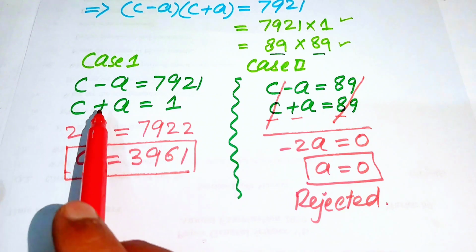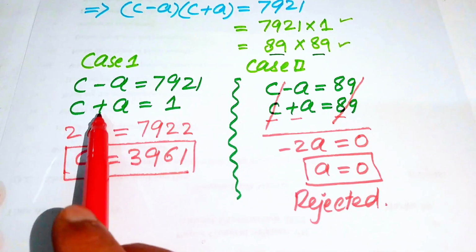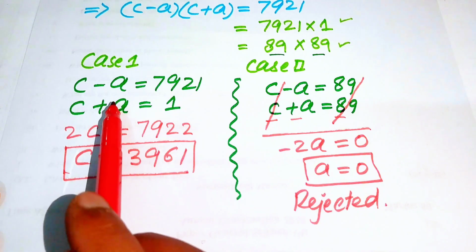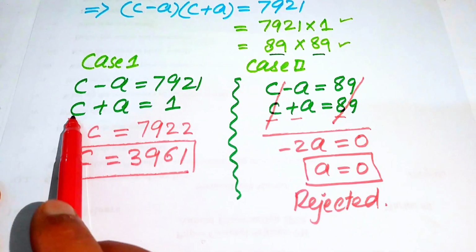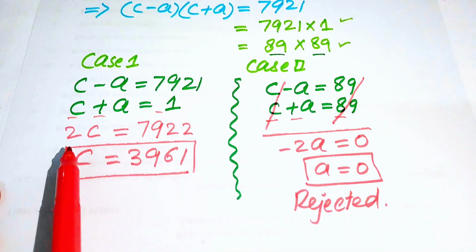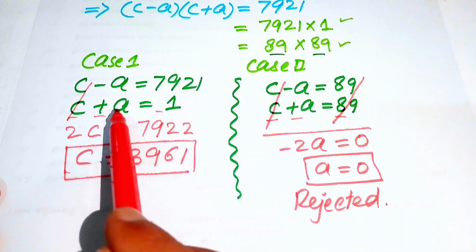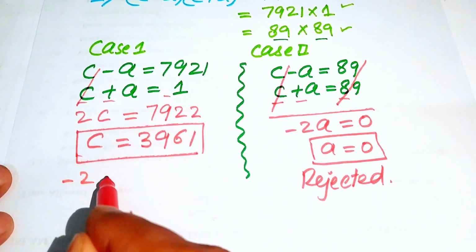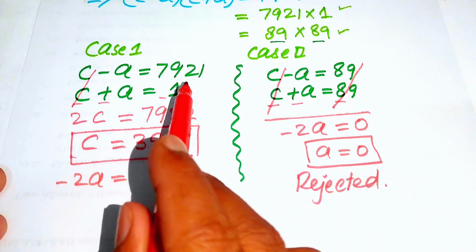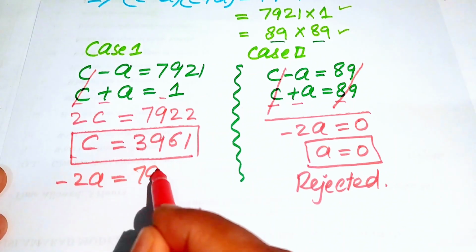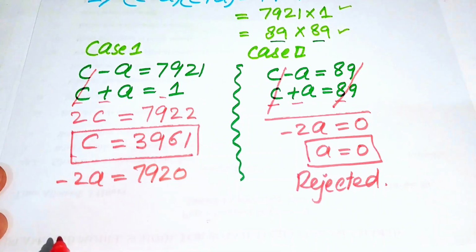And similarly, when we subtract these two equations, it means that you just change these signs. So this c is cancelled, and we add minus a and minus a, it becomes minus 2 times a, and we subtract these values and you get 7920.